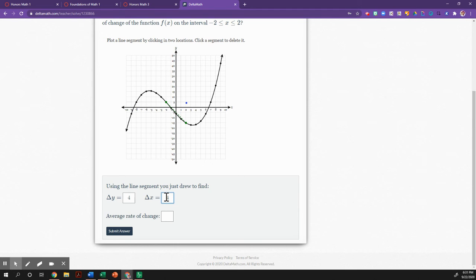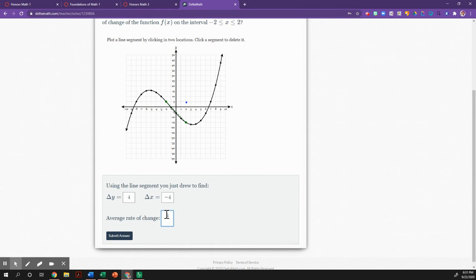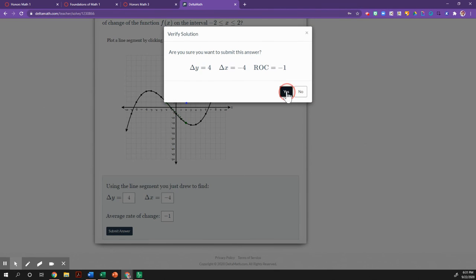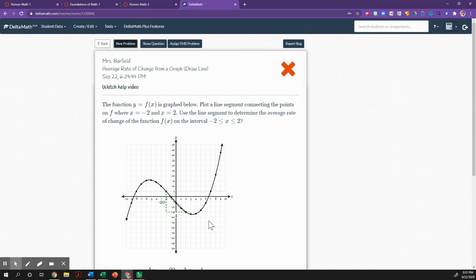So make sure you're counting in the correct direction. The change in y over the change in x is 4 over -4. Well, 4 divided by -4 is -1. I'm going to make sure to simplify all my fractions. Submit my answer.